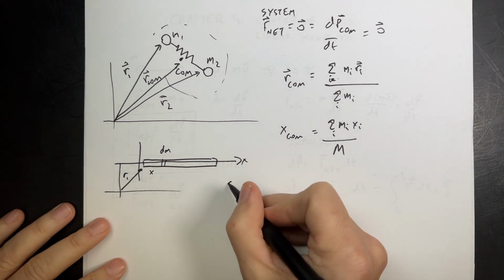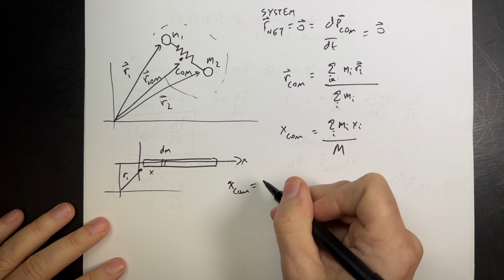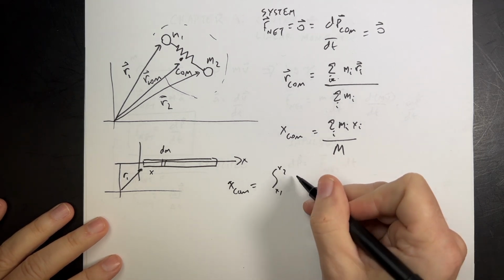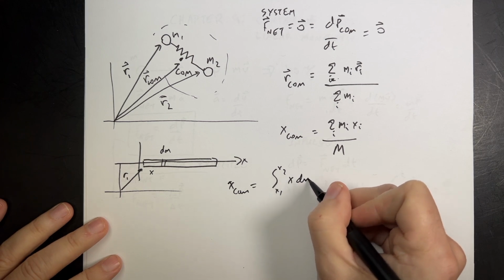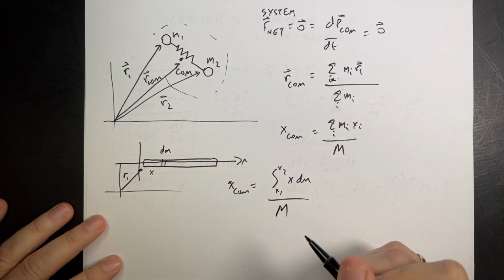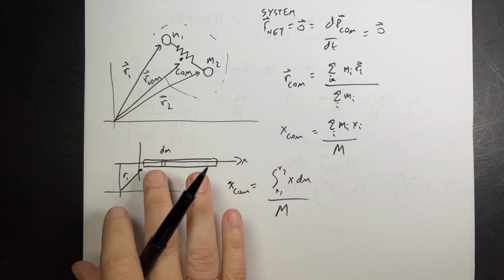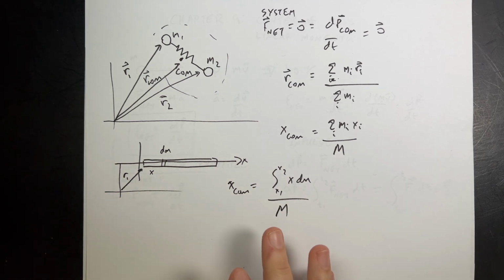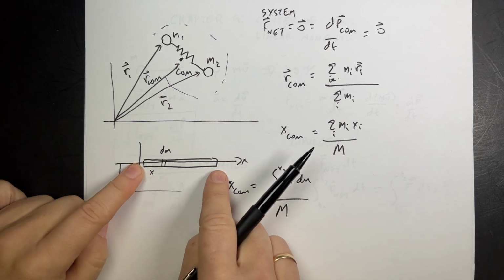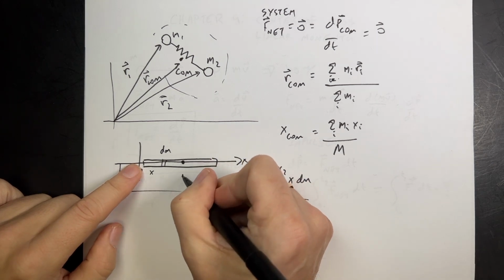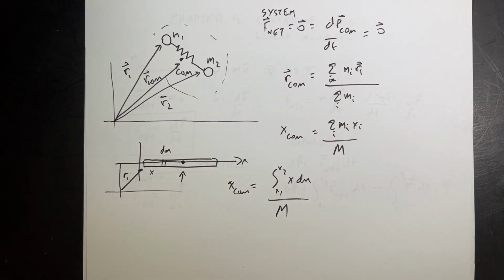Then I can say x center of mass is the integral from x1 to x2 of x dm over the total mass M. Now, I don't think they really get to that in this chapter. And dm doesn't even have to be constant. You have all these situations where you find the center of mass. But if this is just a normal stick with a uniform density, you wouldn't be too surprised to find that the center of mass is at the center.